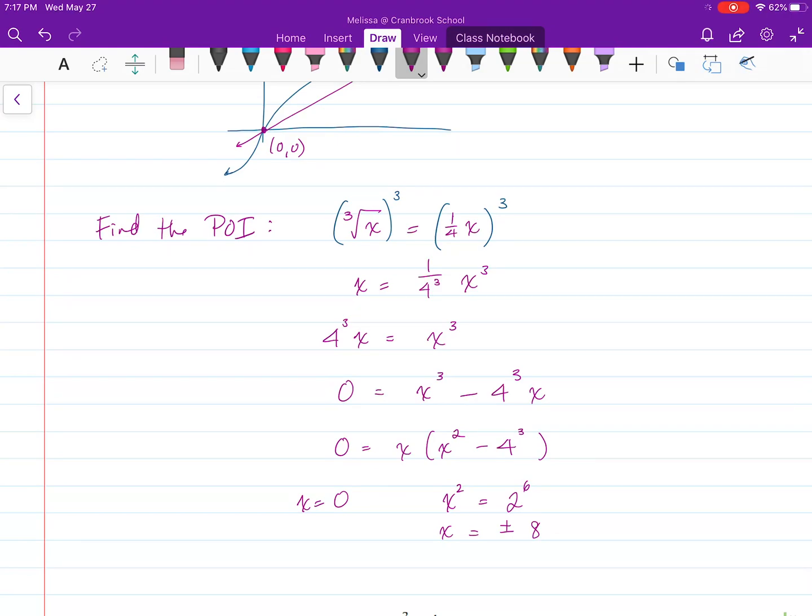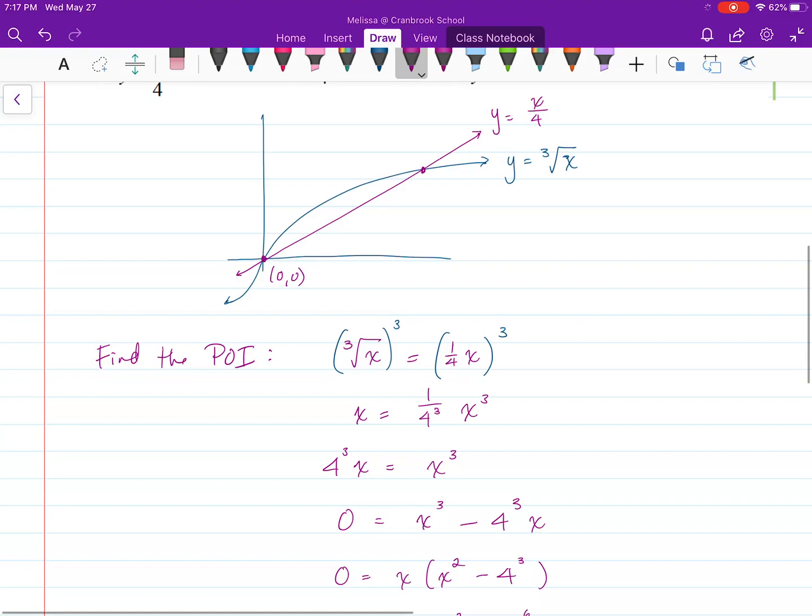However, because we're only working in the first quadrant, I actually don't really need the -8. So there are our points of intersection. That is 8. And to get the y, which we will definitely need, divide by 4 is 2. So I would suggest that that would be a part I, sorry.